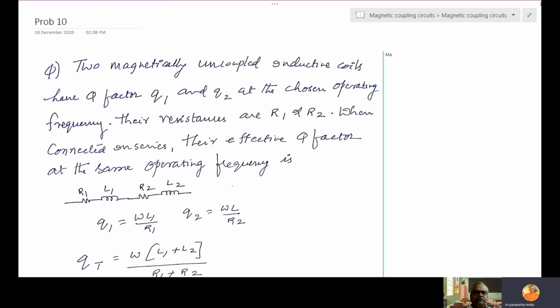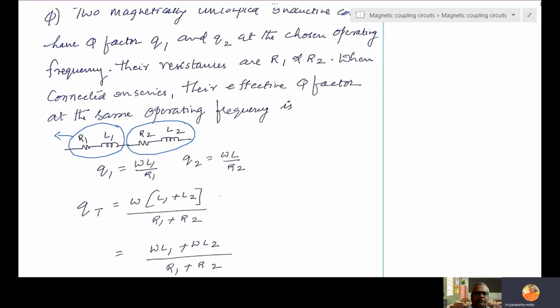So what is given is two uncoupled inductive coils. This is one inductive coil, this is another inductive coil, and individually this quality factor is Q1, this quality factor is Q2. Then both are connected in series. It is asking what is the total quality factor.